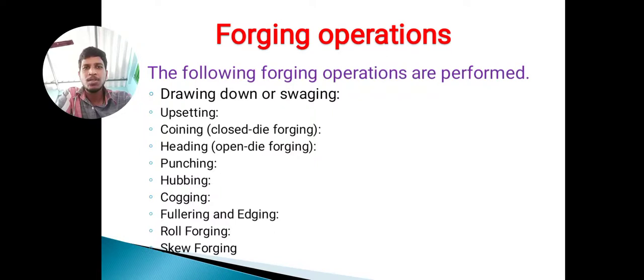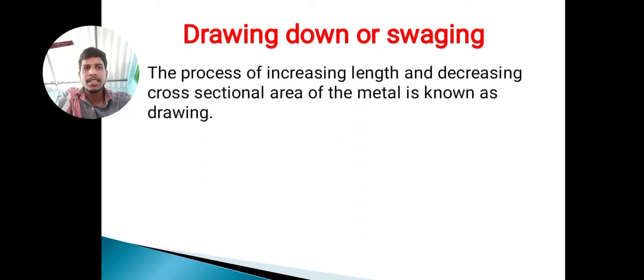First, I am discussing drawing down or swagging. It is the process of increasing the length and decreasing the cross-sectional area of the metal, which is known as drawing.